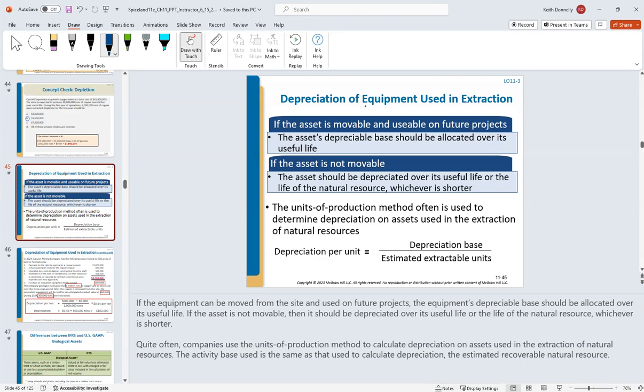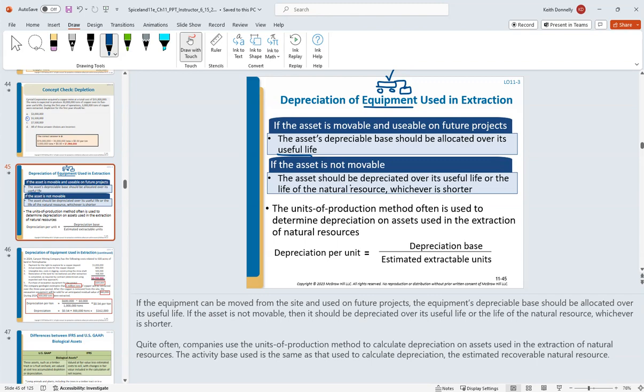A couple of nuances here. If you have equipment used in extraction, maybe you buy a bulldozer, how does that work? Well, if the asset is movable and usable in future projects, you can drive this thing out of there and use it on other sites, the depreciable base should be allocated over its useful life, however long we think that bulldozer is going to last.